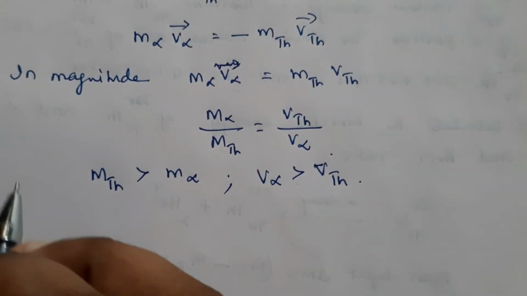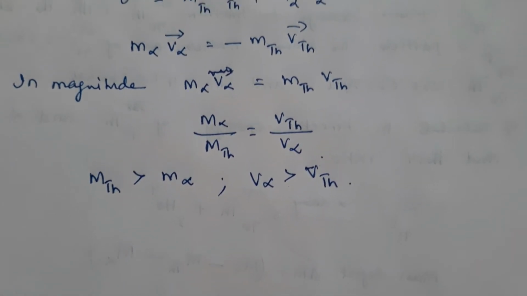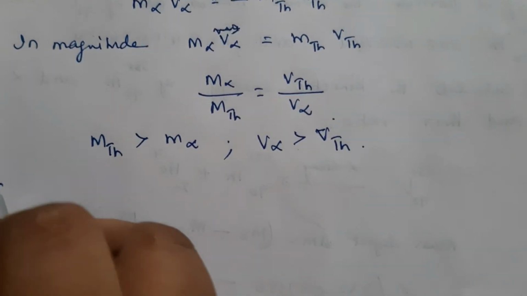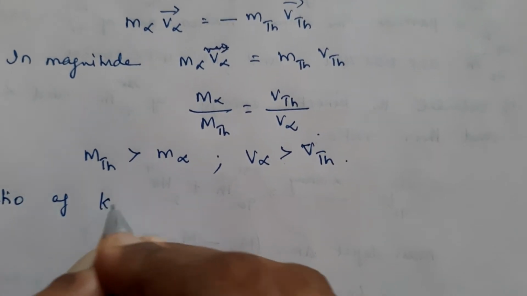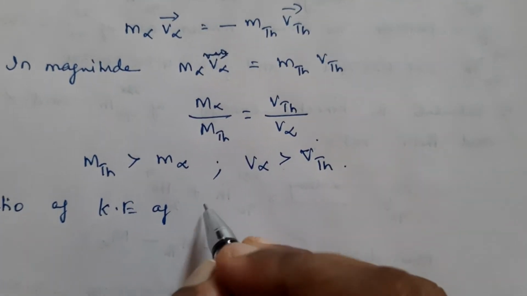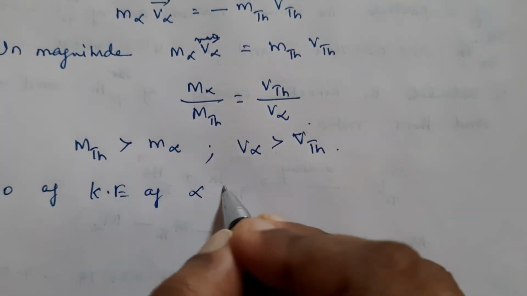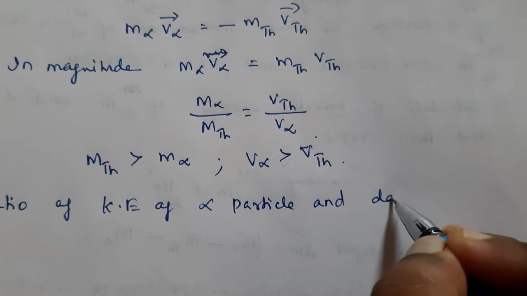Now we can find the ratio of the kinetic energy of the alpha particle and the daughter nucleus. Which is the daughter nucleus?